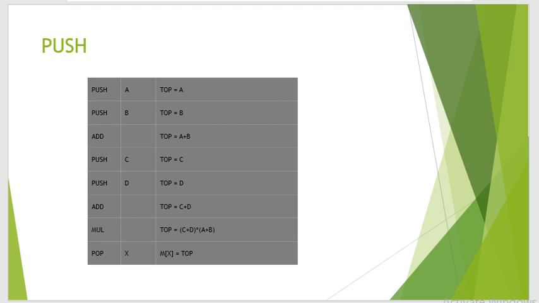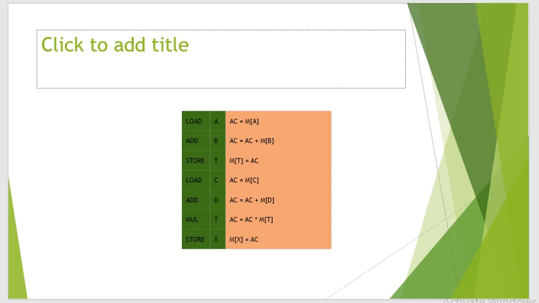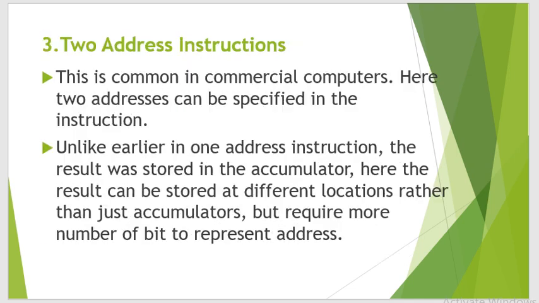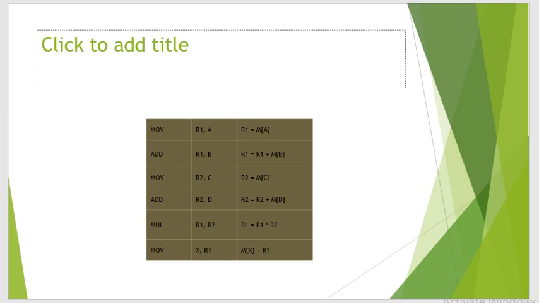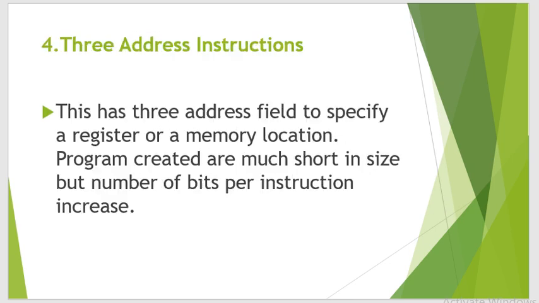I already explained it in detail to you. This is another instruction format, the last one. This is also one of the three address instruction formats. Advantages and disadvantages we already discussed.